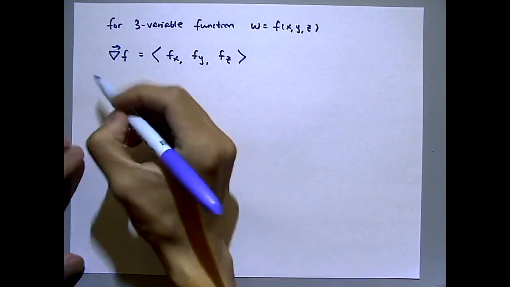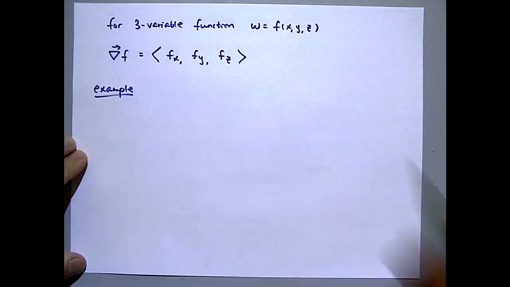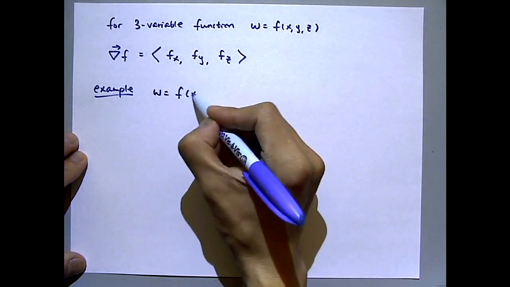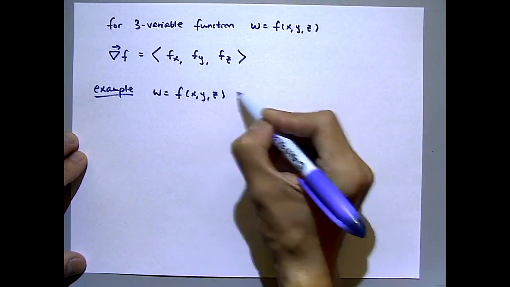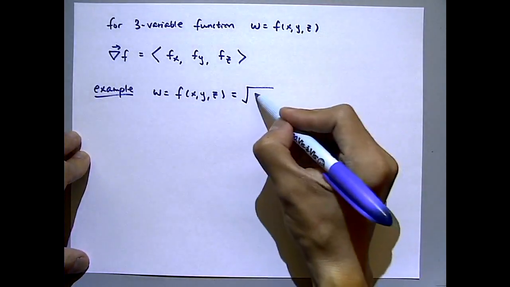Okay, let's do one more example, and then we'll end it there. Let's try this one. We'll take a function that looks just like the one we dealt with. We'll make it radical xyz.